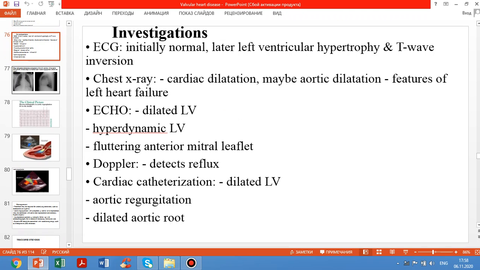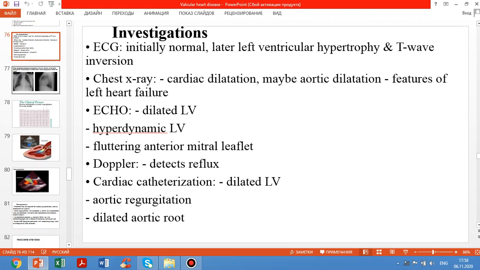Investigation: ECG is initially normal, later showing left ventricular hypertrophy and T wave inversion. Chest X-ray: you can see cardiac dilation, maybe aortic dilation, and features of left heart failure.